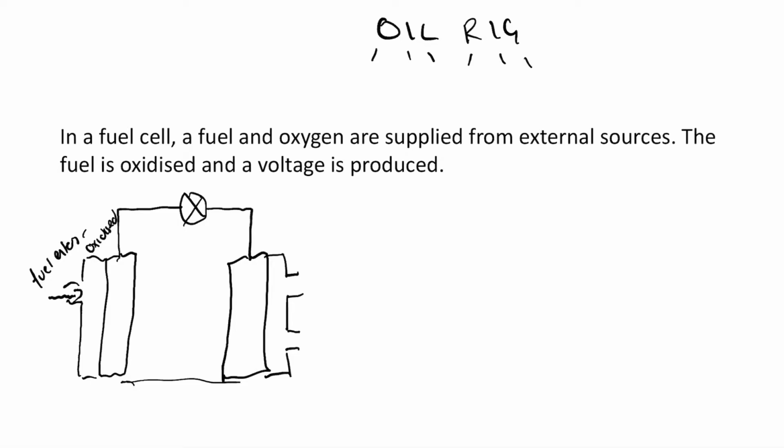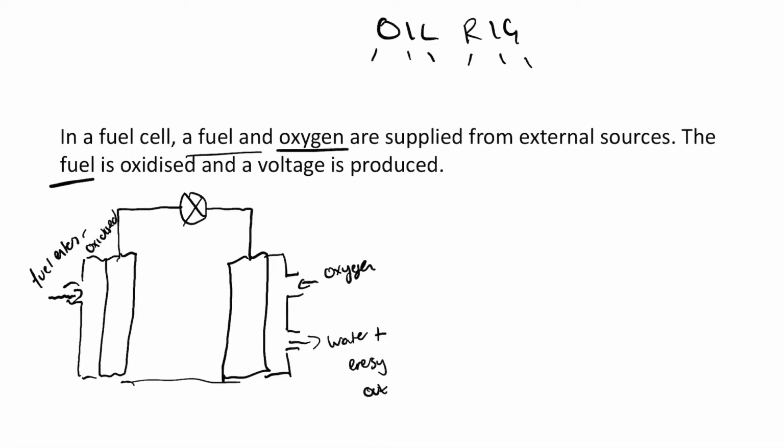Now the oxygen enters at the other side. Okay, so oxygen enters at this side. So remember, we're using a fuel and oxygen. Oxygen is going to enter at the other side, and it reacts with the fuel to form water, and the water is going to leave the fuel cell here, so water and energy out.